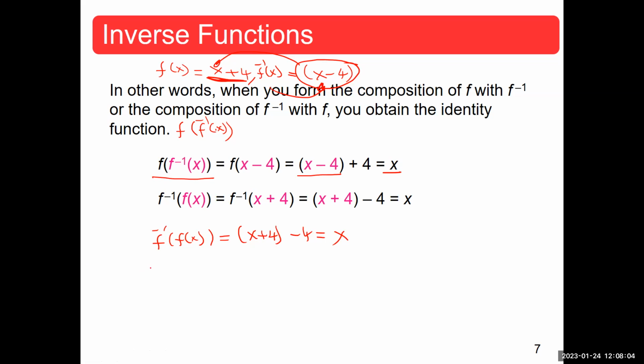Now, if I give you two functions, f(x) and g(x), and ask you to prove they are inverses of each other, what we have to do is the composition and get the answer equal x.